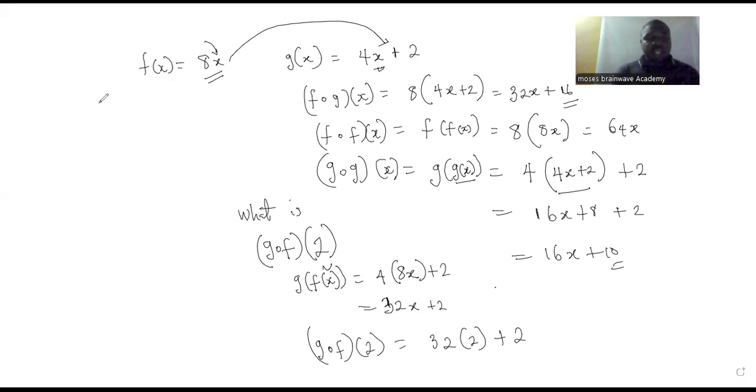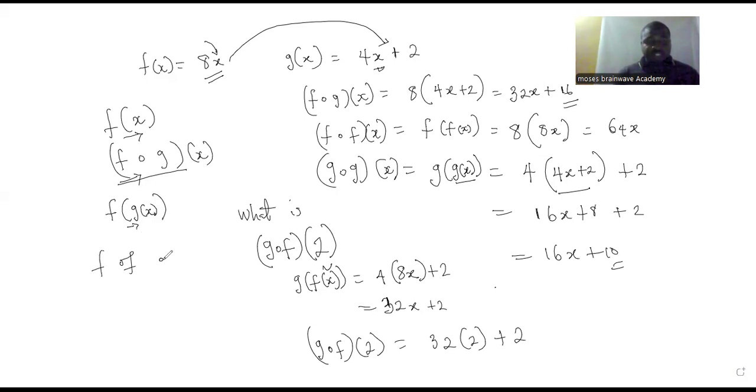Just remember, if I ask you f of g of x, you should always bear in mind this is not multiplication, but you read it as f of g of x.